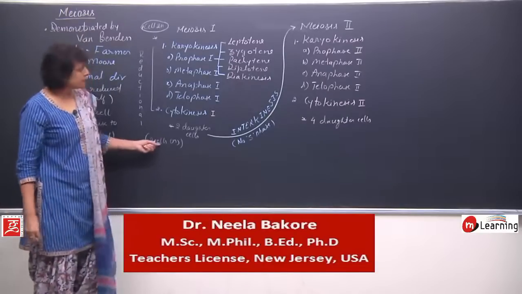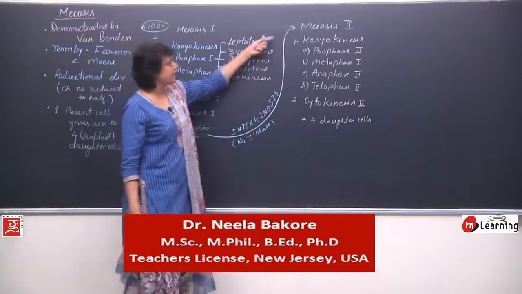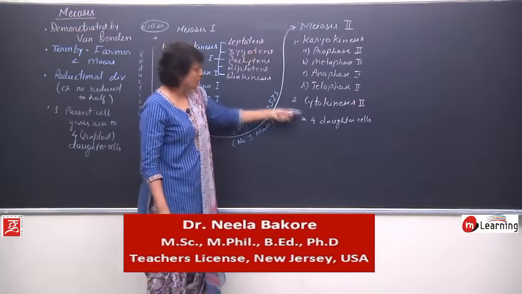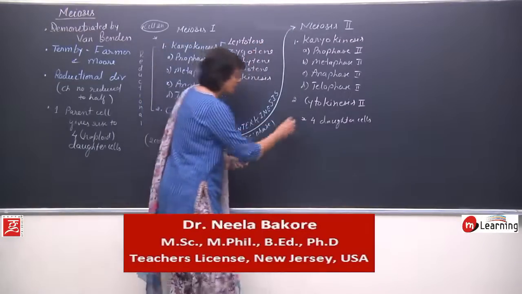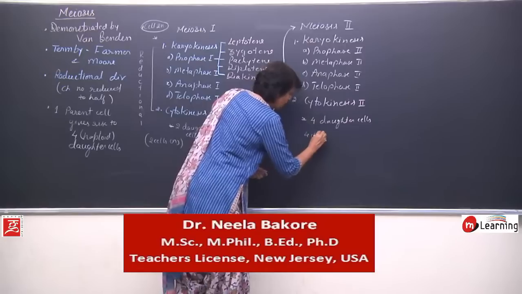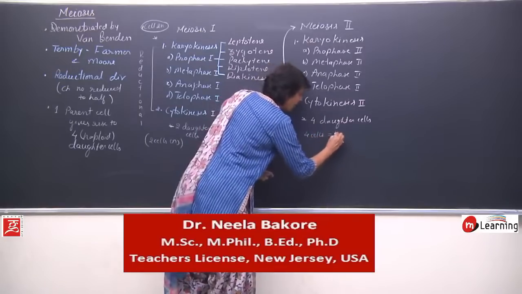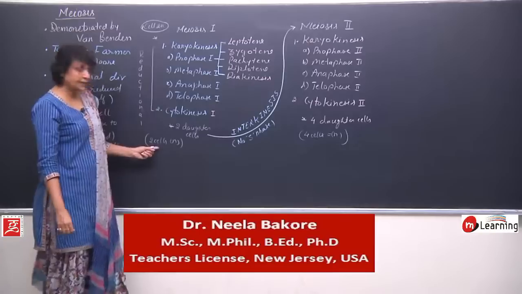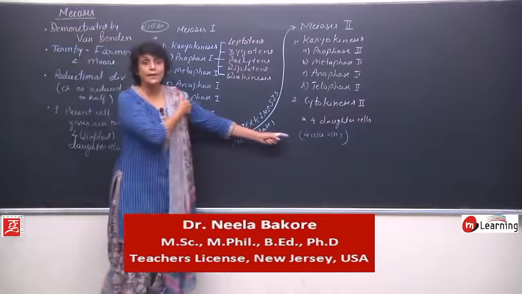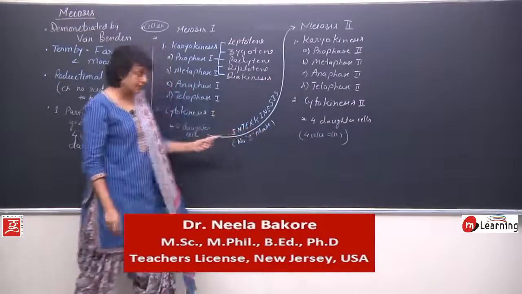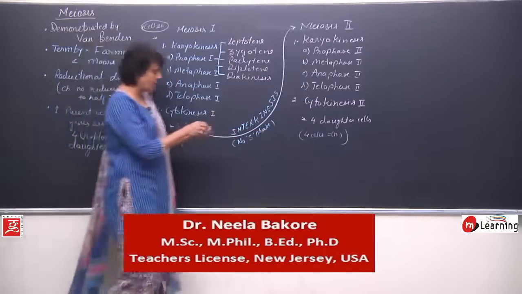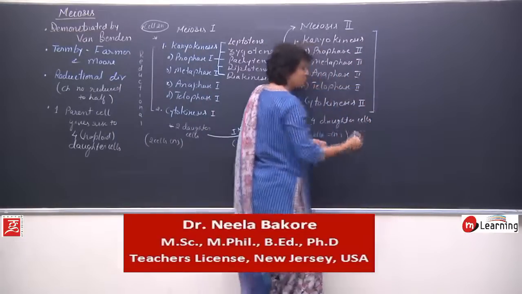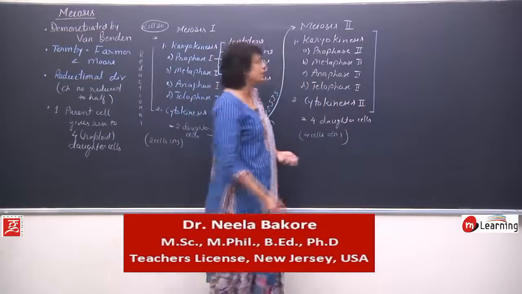These 2 cells which undergo interkinesis and now will pass through meiosis 2, we will get 4 cells. So 4 cells or 4 daughter cells are all haploid. That means after this, the chromosome number has not changed. It is similar to this. So this part of meiosis, that is meiosis 2, is equational.